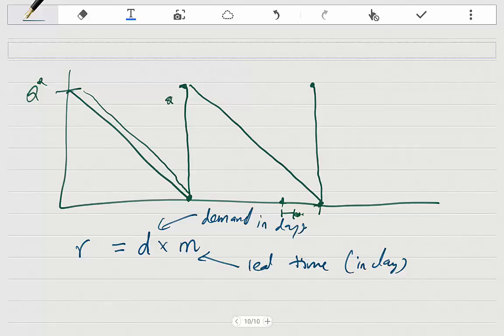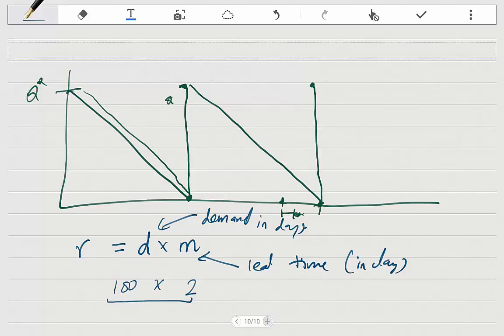So if you know your lead time is say 2 days, and your daily demand is say 100, then you place your order when your inventory position is at 2 times 100, that is 200.